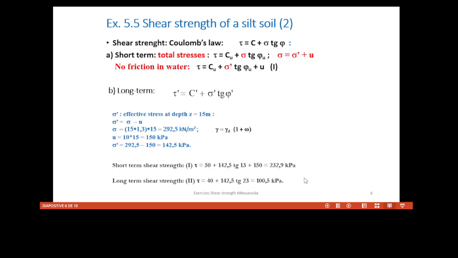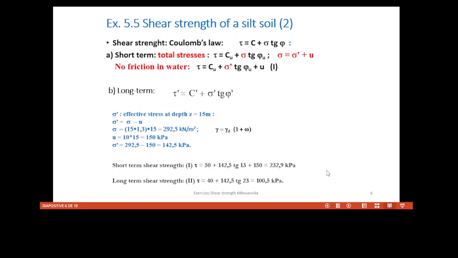We obtain 233 kilopascals. Whilst for the long-term shear strength, we have this equation. So c dash is 40, phi dash is 23, and sigma dash is the same one, 142.5, and the result will be 100.5 kilopascals.